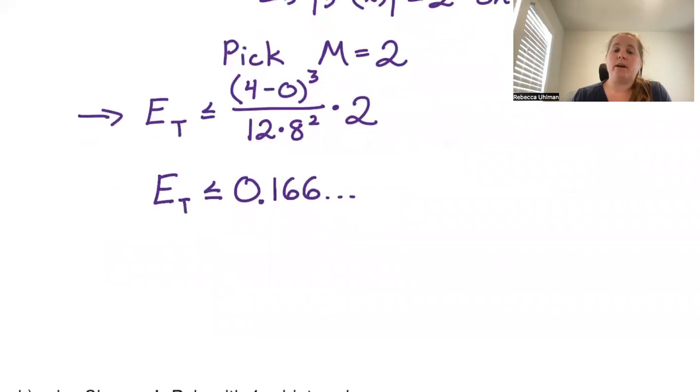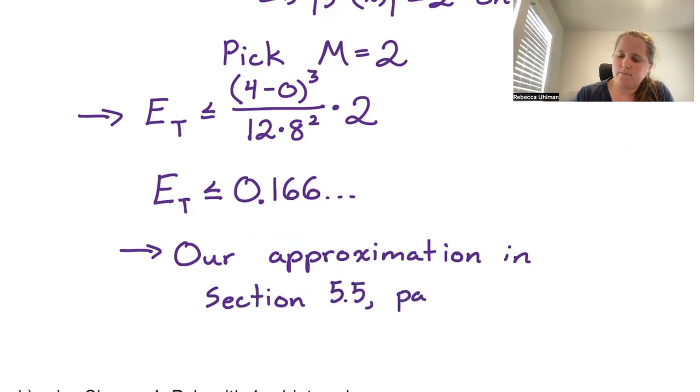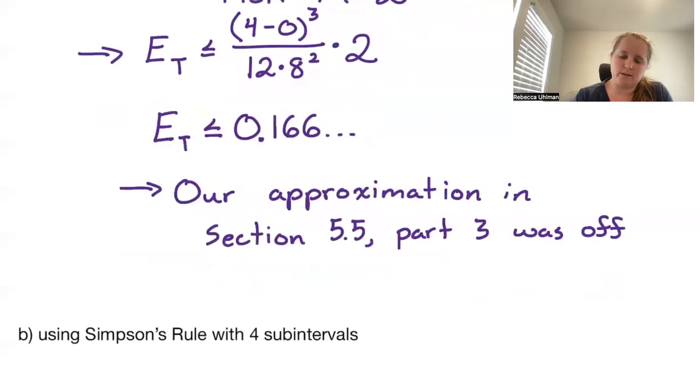So our approximation in the video, our approximation in section 5.5, part 3, was off by no more than 0.166 repeating.